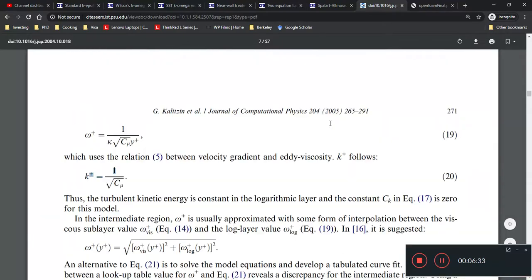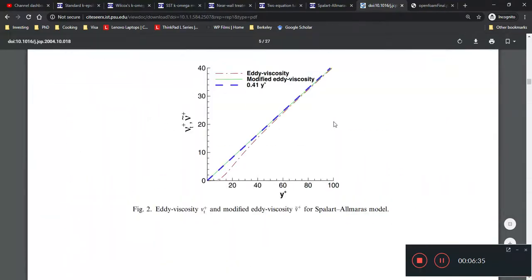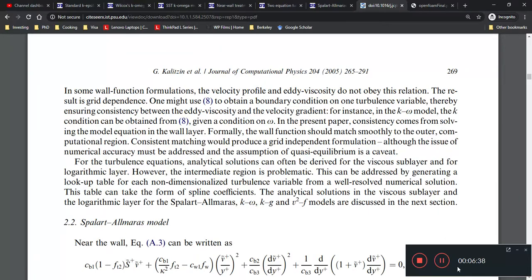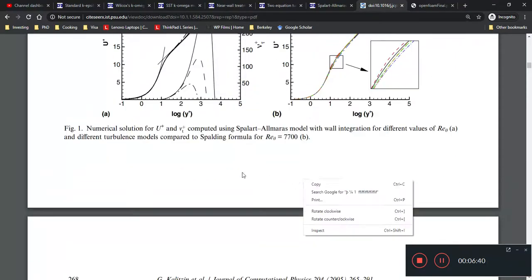How do we non-dimensionalize all of this? Okay, so we go to here.